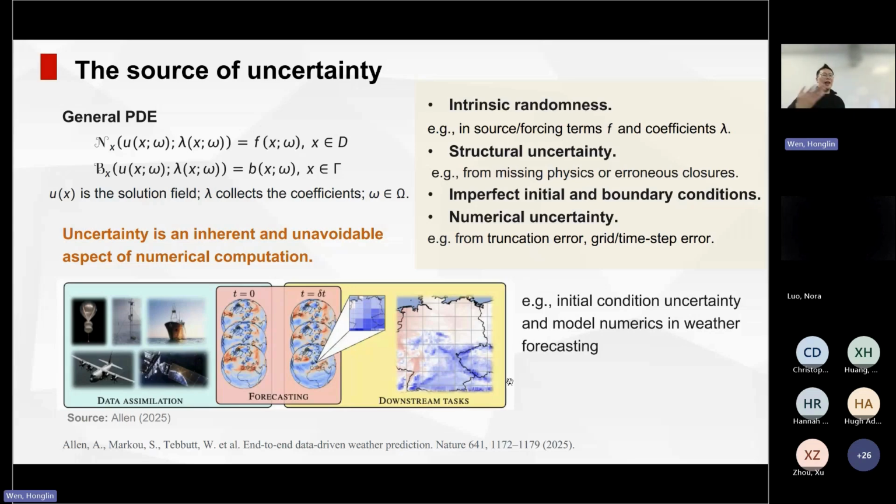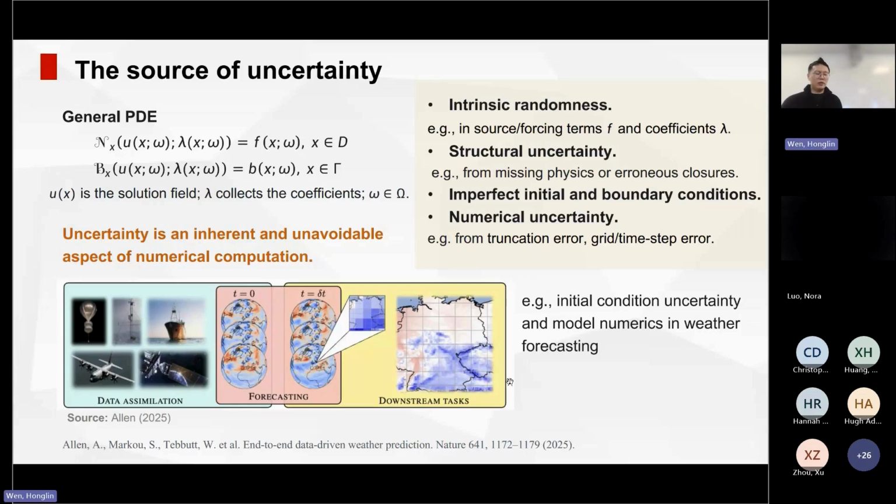Anything involved, like the parameters, the boundaries, the initial conditions, might have some randomness, and maybe even missing physics or numerical uncertainty. We solve the problem using numerical methods, so it's a numerical solution that depends on its own error tolerance or your algorithm. So in practice, the uncertainty cannot be avoided.